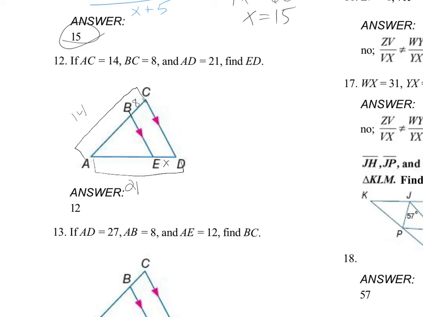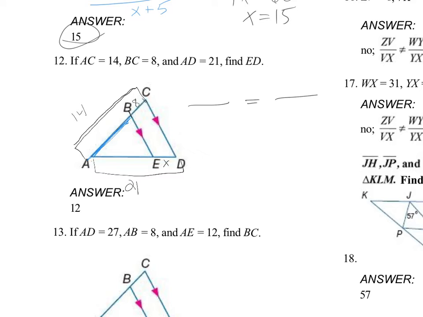So if we go to set up our proportion, we can look and see that we have the whole length of this, but we need to know this part here.